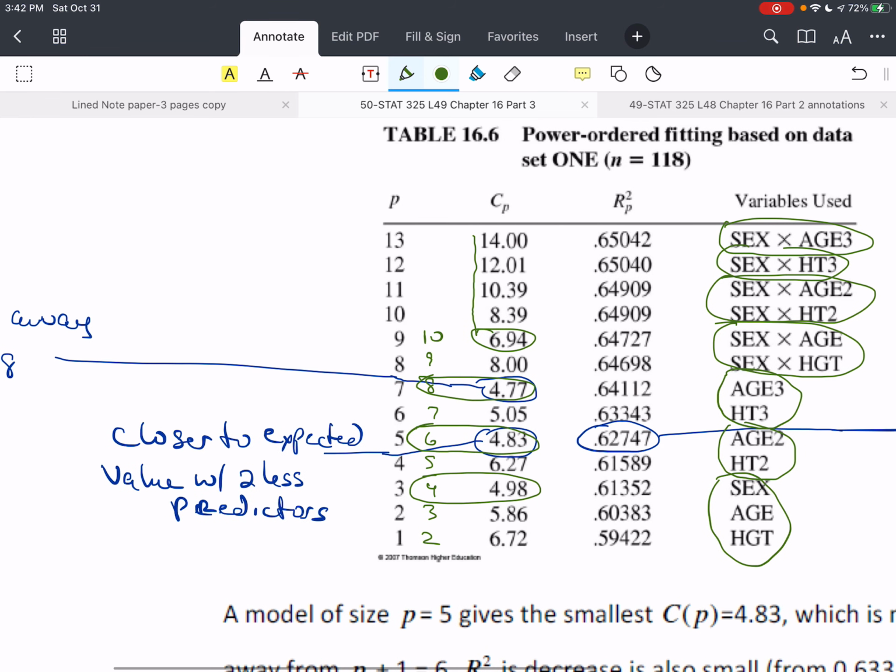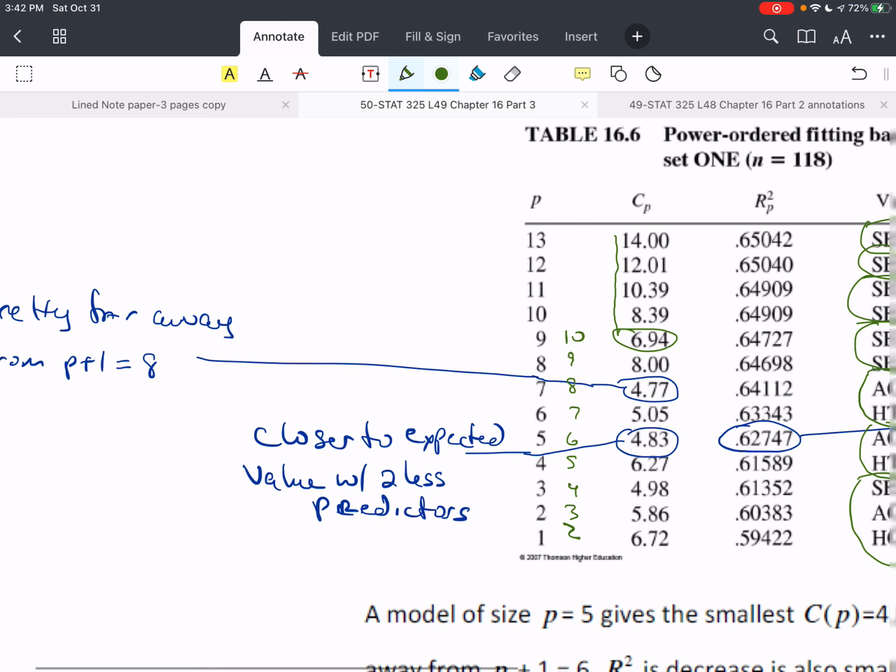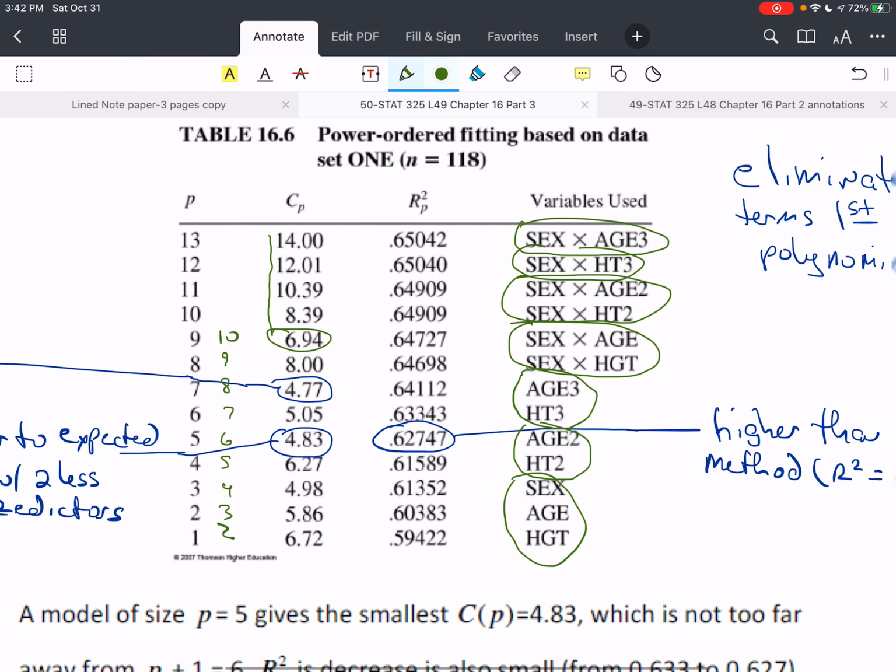Okay, so it says closer to expected value with 2 fewer predictors than this model here with 7. Let me undo some of this to take out some of the mess, so we can see what we've written.